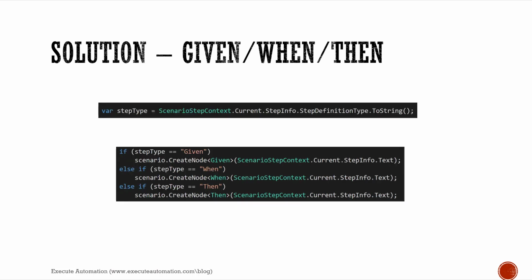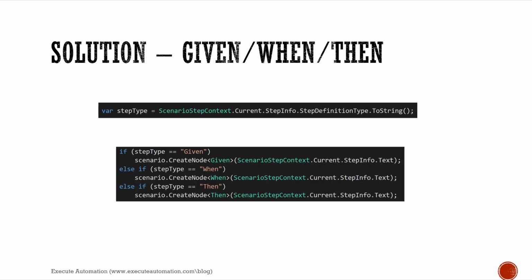The first solution for the given, when and then is this. We can make use of what is called a scenario step context.current.step-info.step definition type. The step definition type property returns what kind of step type it is, whether it is a given type, a when type or a then type. So if it is a given step type, then you can tell that okay, this is a given, and this is the code.